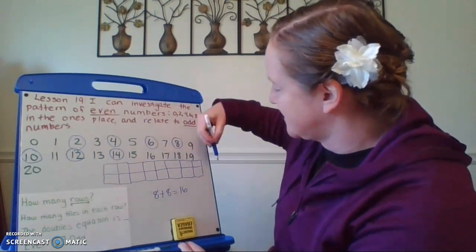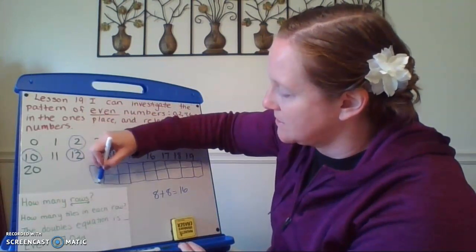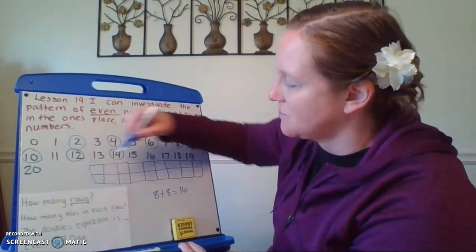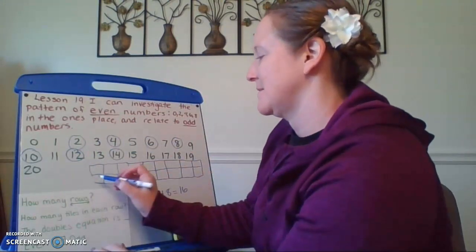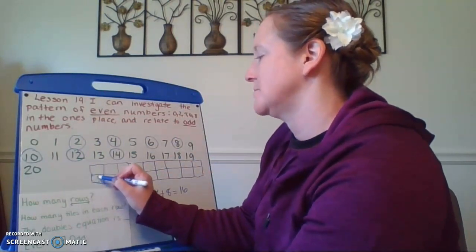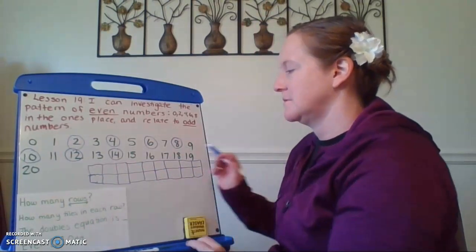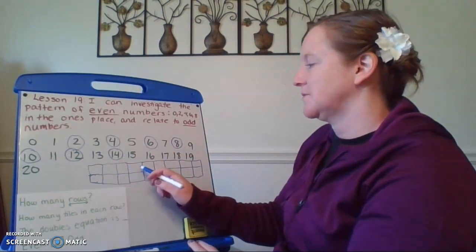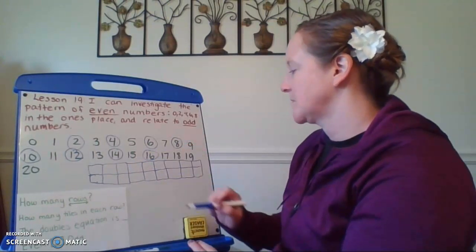I'm going to go on this side since I ran out of room over here. So again, still 2 rows. Oh, my square is kind of crooked. All right, so let's think for a sec. I have 2 rows of 1, 2, 3, 4, 5, 6, 7, 8, 9. Oops, I forgot to circle this one.